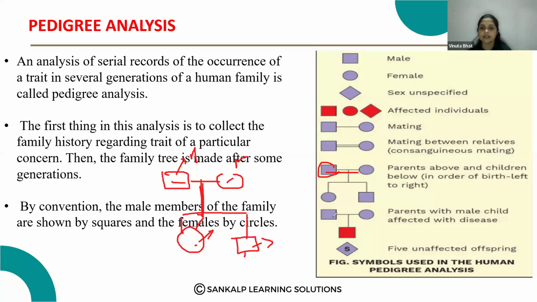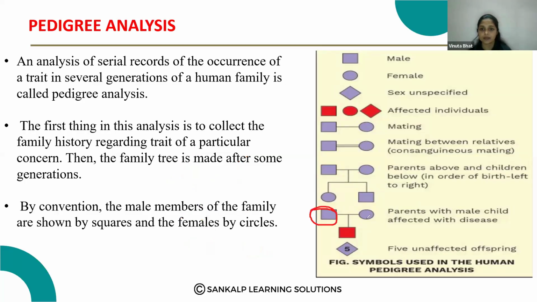And the next symbol: male and female, a line means husband and wife. Here one square is given in red color, which means affected. So the son is affected, while the male and female are normal.